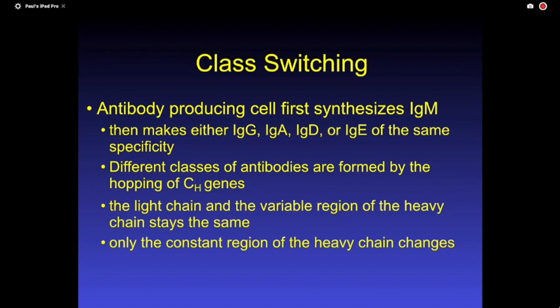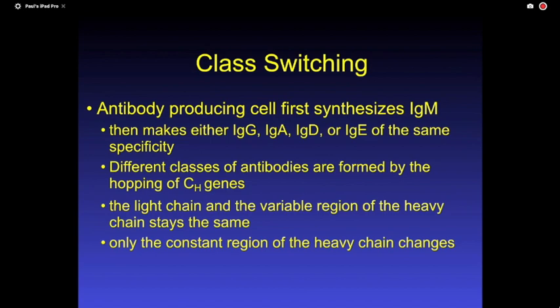What happens when we really do start synthesizing antibodies, the first one is IgM. And it's kind of interesting in that the genome inside the cells, the gene for the M and the gene for the G and the gene for the A are all kind of in line. And what happens is during the life cycle of that antibody-producing cell, it first will create an M version, because the M is the first one that is closest to the variable chains.